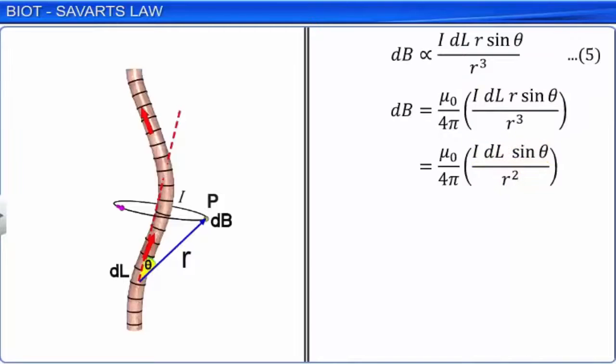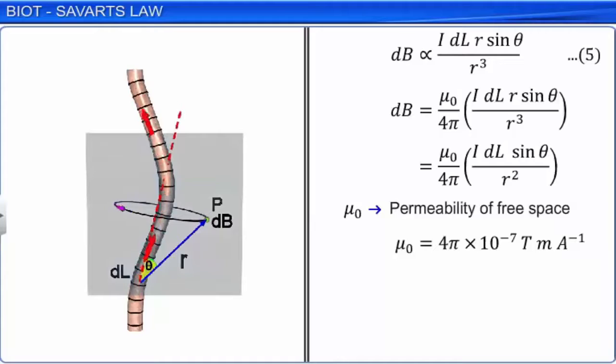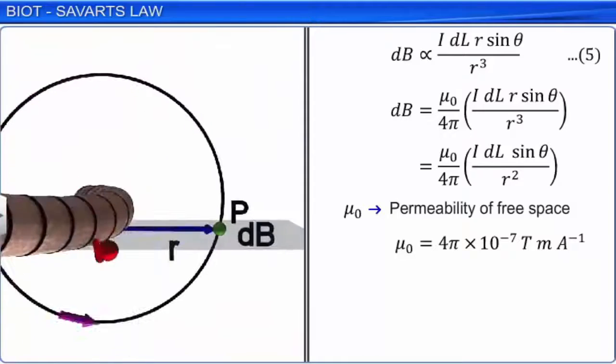In this expression, mu naught is the constant known as permeability of free space, and the value of mu naught in SI units is equal to 4 pi into 10 power minus 7 Tesla meter per ampere. Here, the direction of B will be perpendicular to the plane containing dl and r, and can be obtained by using the right-hand rule.